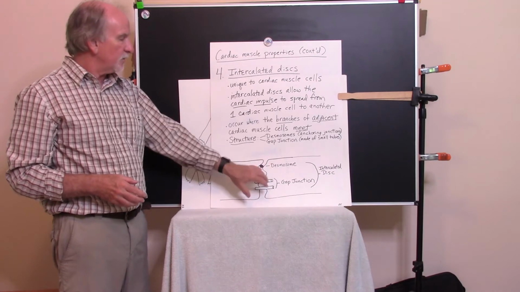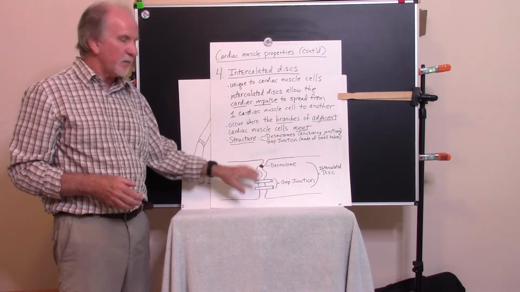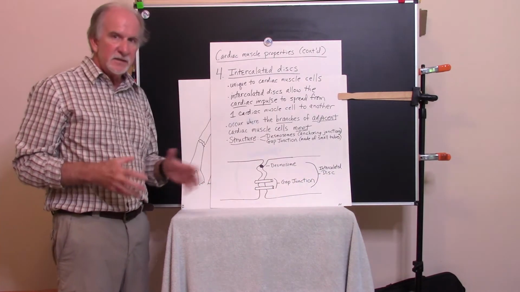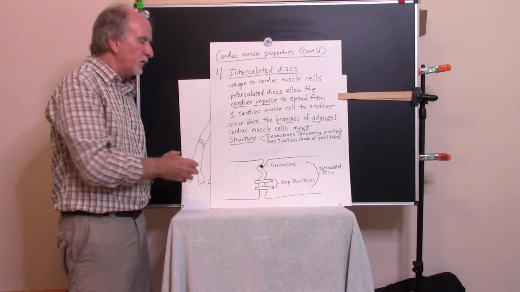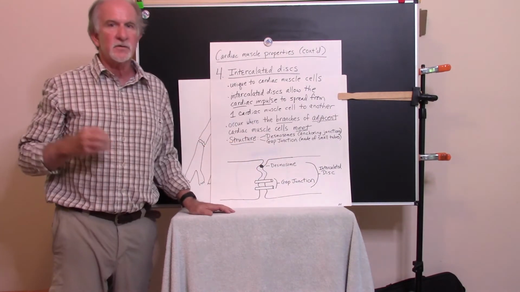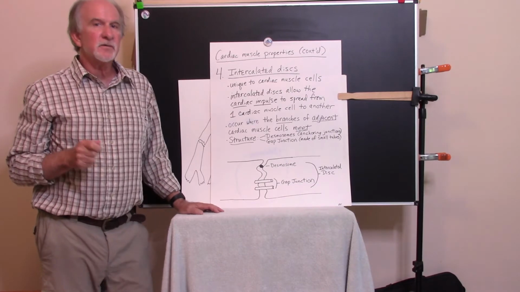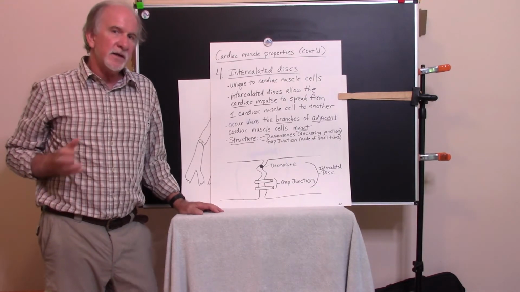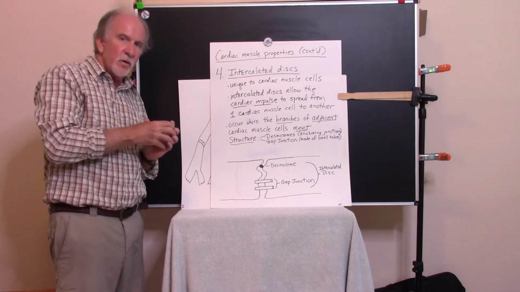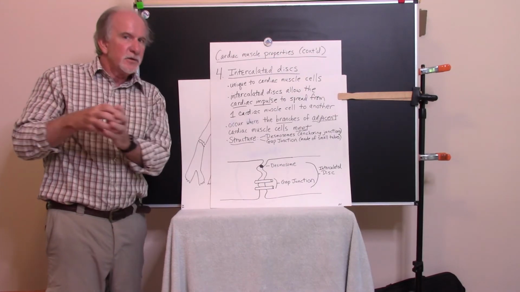And the desmosomes and the gap junctions together make up an intercalated disc, which is a junction found where two cardiac muscle cells meet. Intercalated discs are important because they allow a cardiac impulse to spread from one cardiac muscle cell to another.